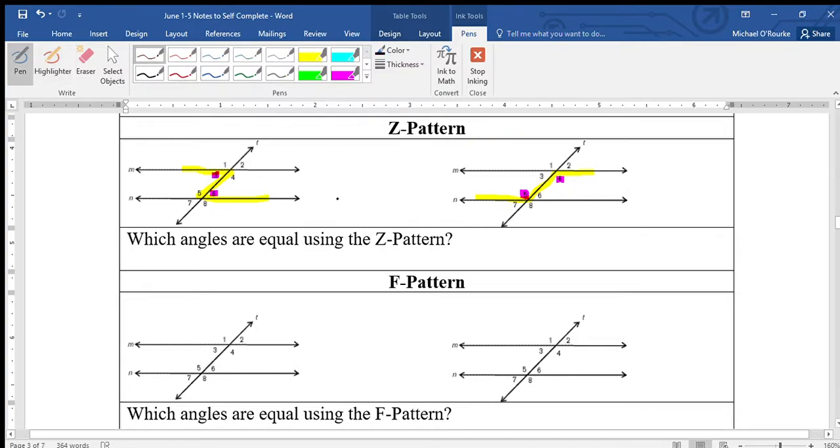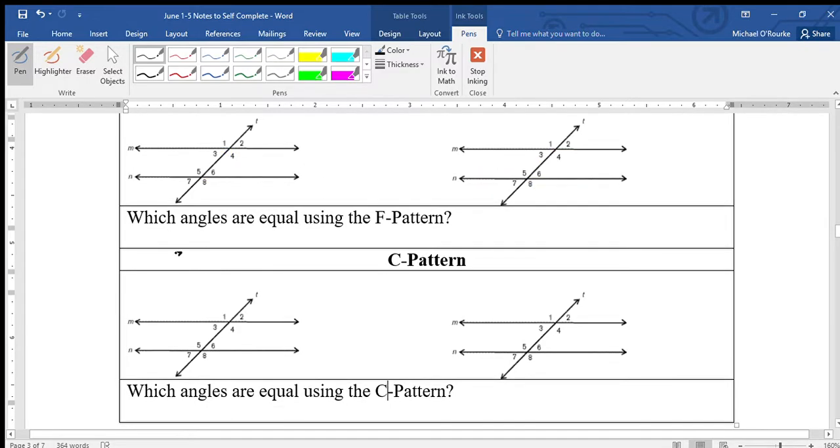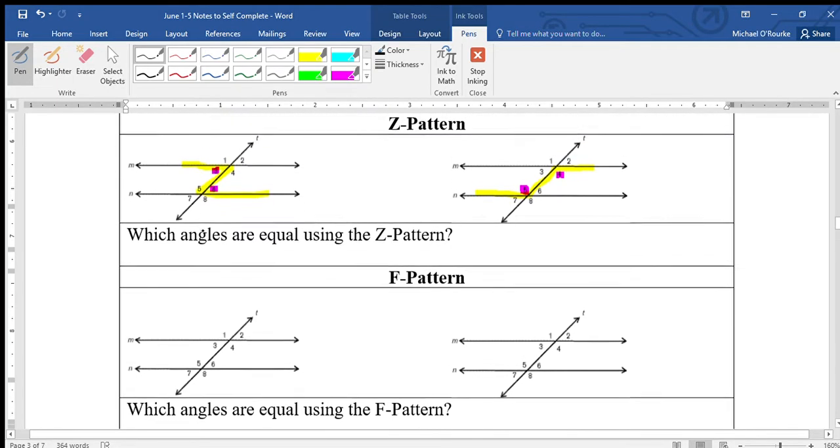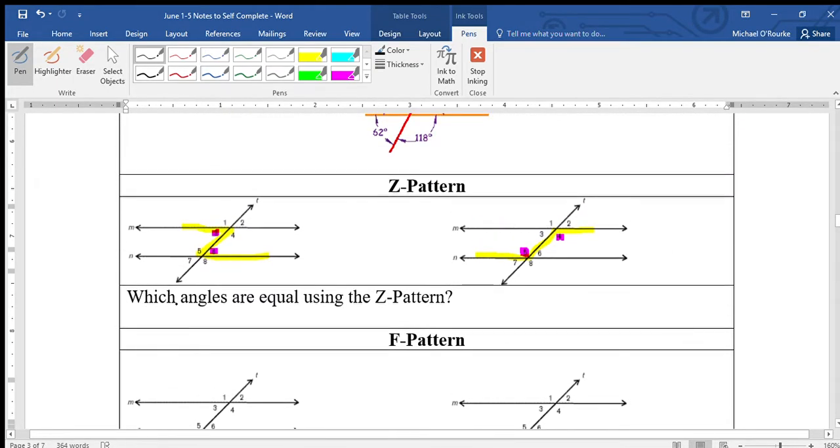So which angles are equal using Z pattern? Well, I'm just going to write it up here. On this side here, it would be the 3 and 6.